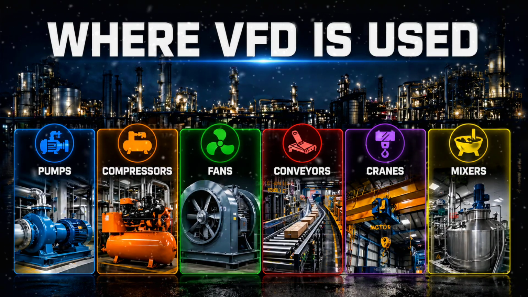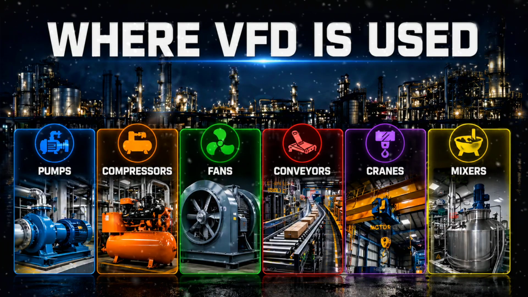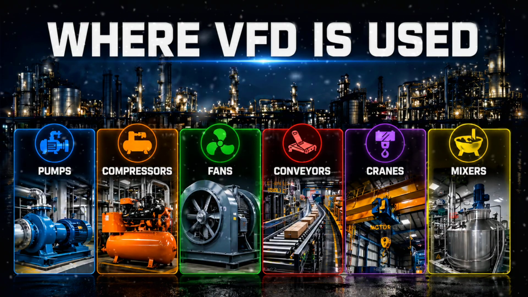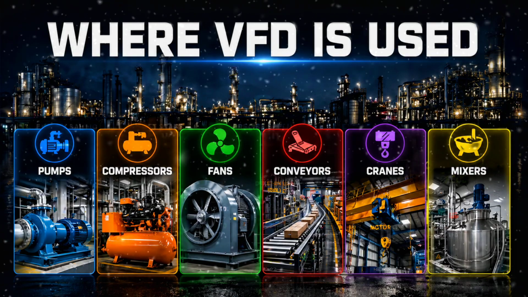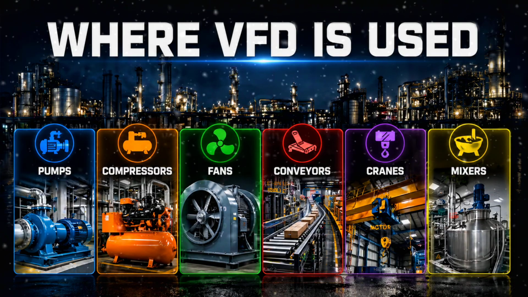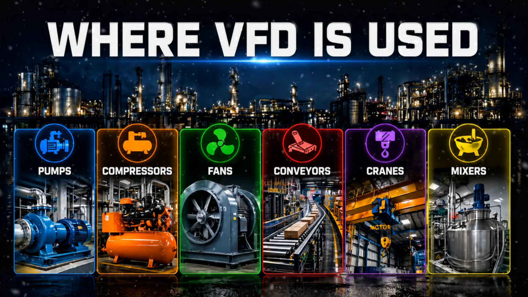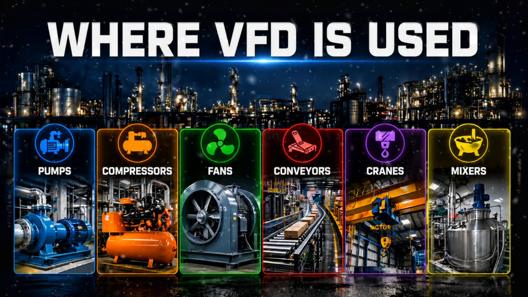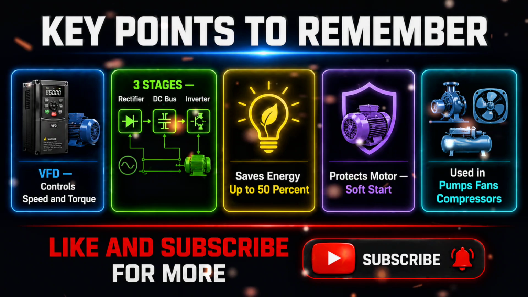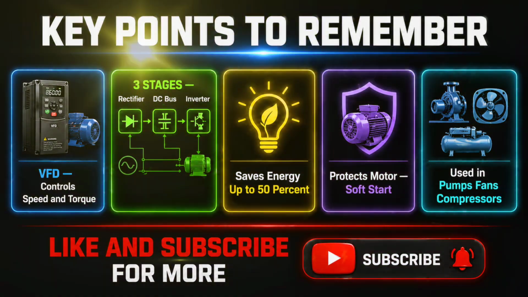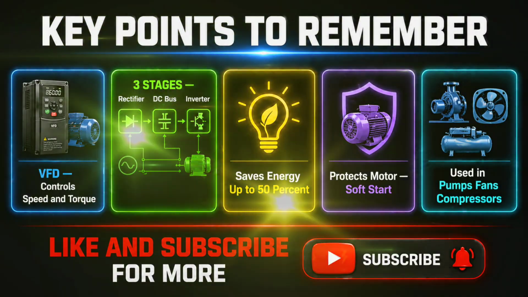Conveyors: VFDs provide smooth acceleration and precise speed control. Cranes and hoists: VFDs allow precise lifting and lowering control. Mixers and agitators: VFDs match mixing speed to product requirements. Anywhere a motor runs, a VFD can improve it.